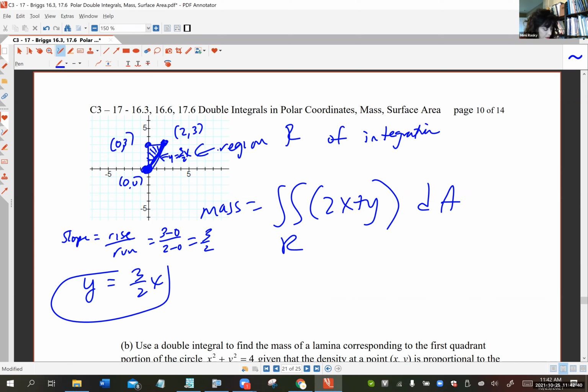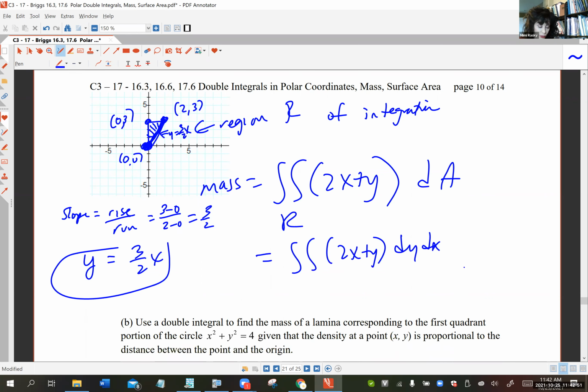And that's good to know. So if you're going to set up this double integral and choose my personal favorite order of integration, which is dy dx, now we can iterate the integral. So what is x doing on this triangle? Well, it's going from a low of 0, and the biggest that x gets is a 2. Now what's y doing? If you put your little man in there, remember, he's got to be vertical.